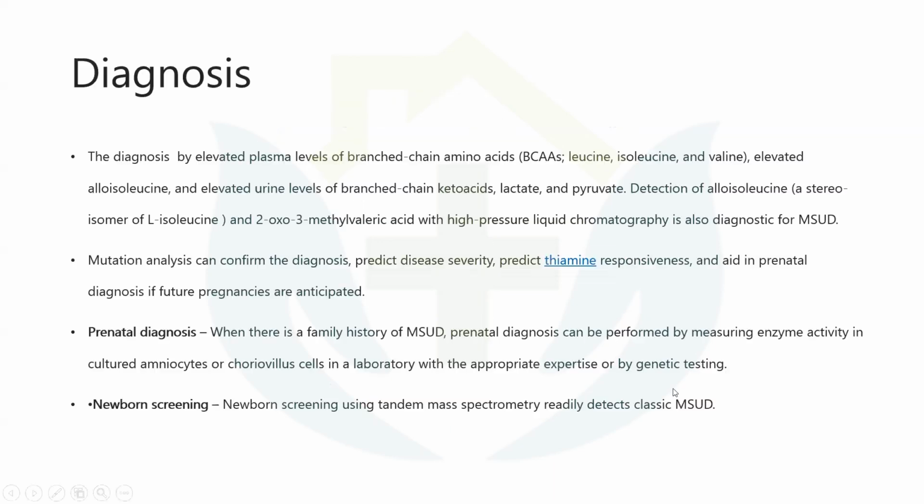Next slide, please. Okay, so diagnosis is basically the elevated level of branched-chain amino acids and their immediate metabolites, and also lactate and pyruvate will be elevated as a bypass.